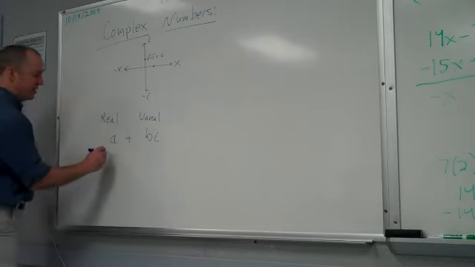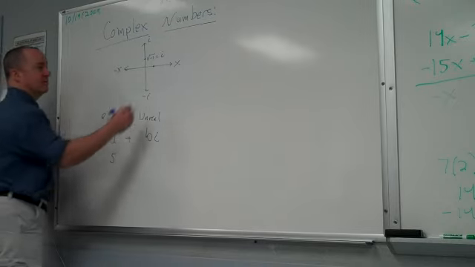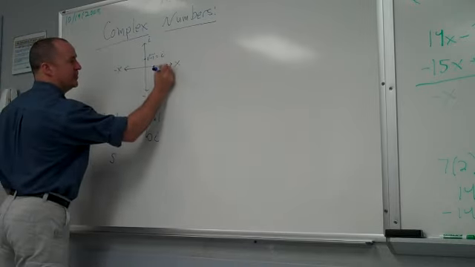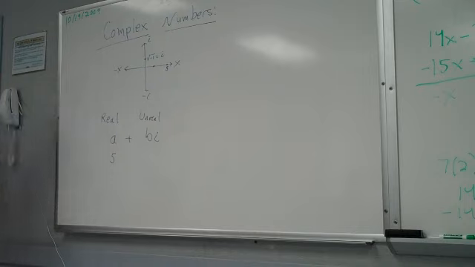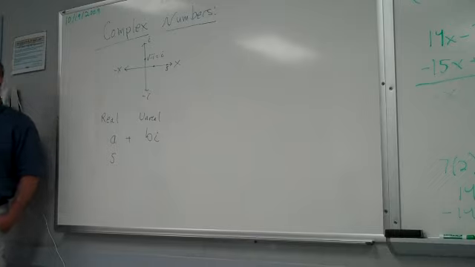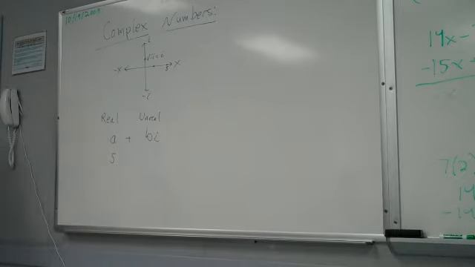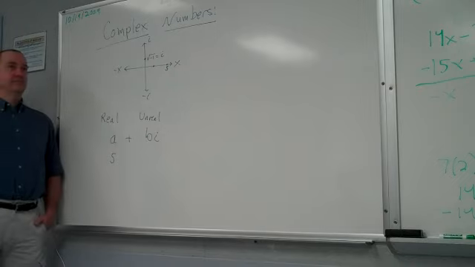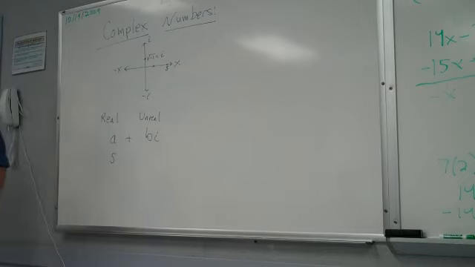For example, the number 5, which would just be out here on the x-axis. How would I write that as a complex number? What is the unreal component of the number 5? Square root of -25. Wow. It's actually a simpler question than that. It's almost a trick question.